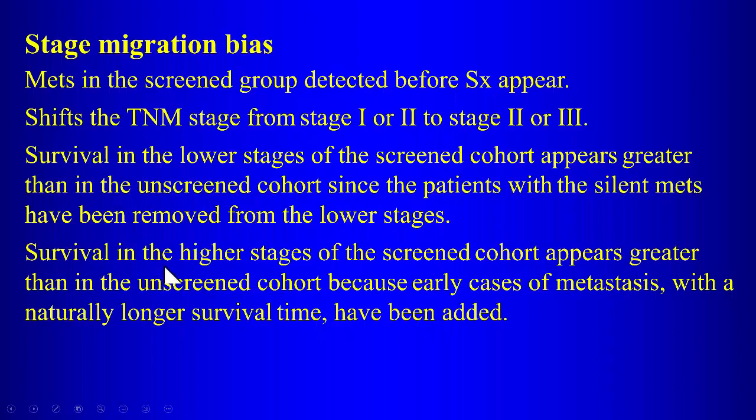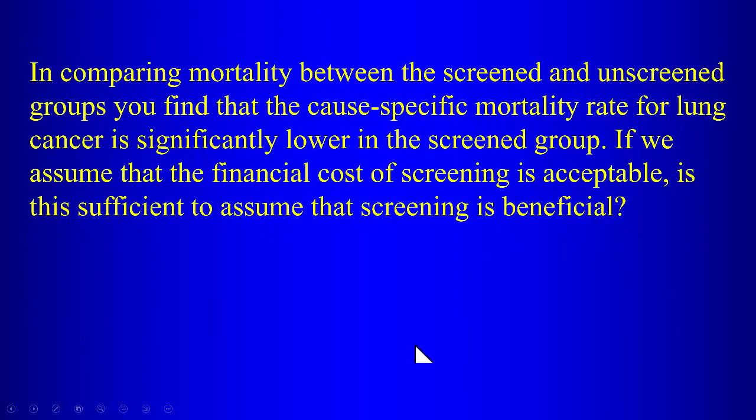And then, same thing, the survival in the higher stages of the screened cohort appears greater than in the unscreened cohort, because in the cases of metastases, you're going to detect them much earlier along the course of disease when the metastatic disease is very small. And so those patients will survive longer than if you detected them in the unscreened group, where they will naturally be more advanced by the time they present with symptoms. So that's called stage migration bias.